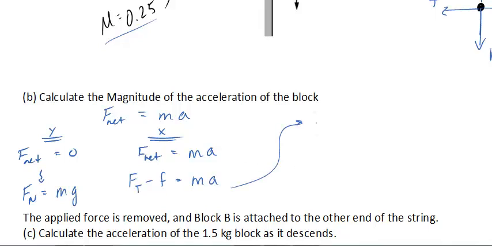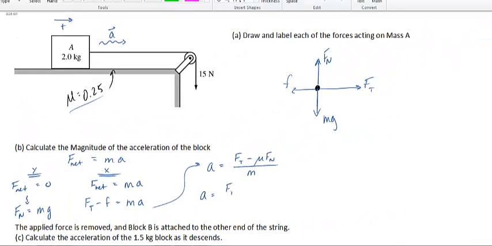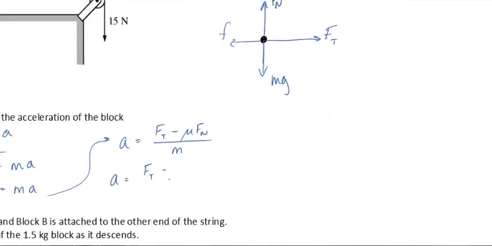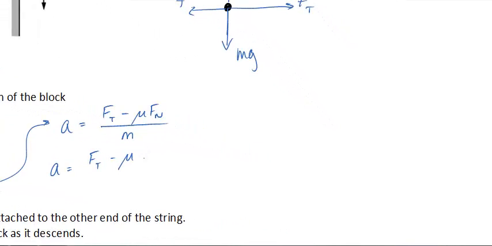Okay, coming up here to continue, I can solve this for a, and at the same time plug in for friction, mu times normal force, divided by mass. One last development on the friction: the normal force is m times g, divided by m.